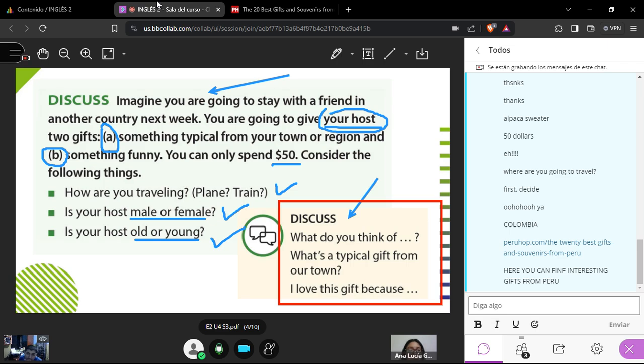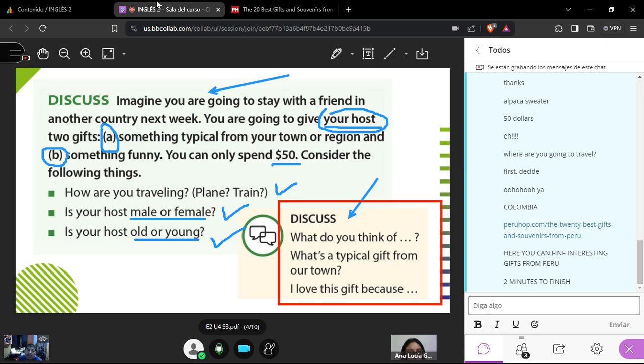Well, our gifts will be unisex, so there's no problem if the host is male or female.